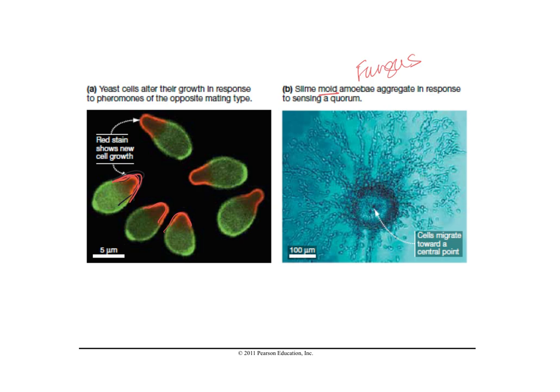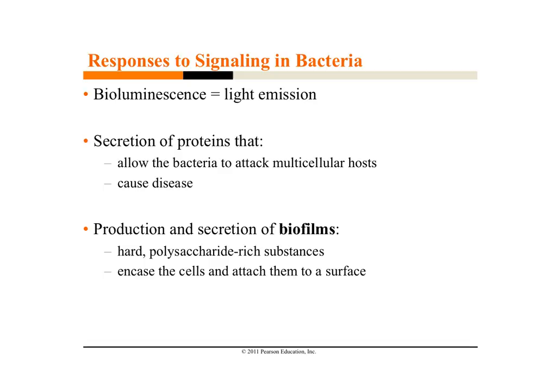The cells migrate in towards a central point to all get together, from signals in the environment coming from cells secreting them. What about bioluminescence? We emit light. Secretion, again, our favorite word. It also allows bacteria to attack their host.